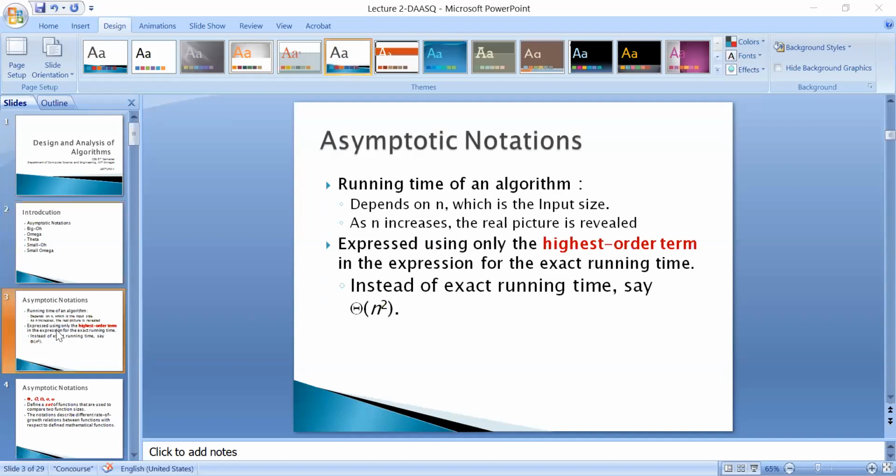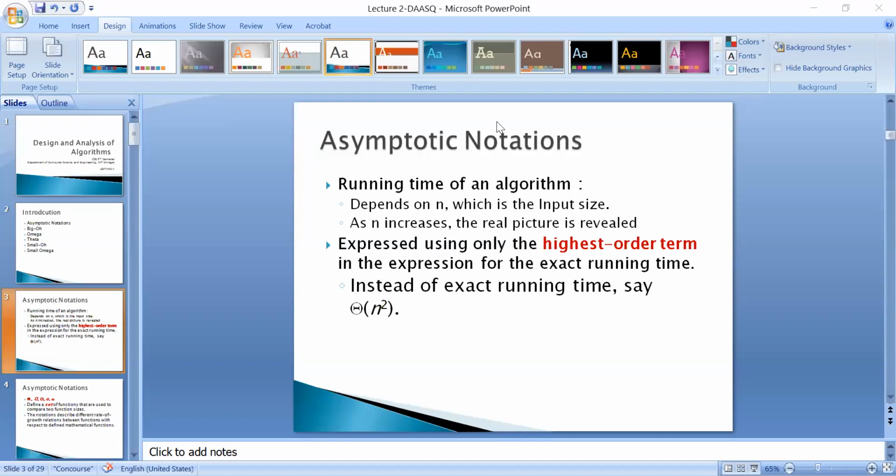So what is basically asymptotic notations? We want to define the runtime of an algorithm with some mathematical functions. Why do we need mathematical functions? Because we need to be able to write a program and then say that for a particular size of input, or if you have to deal with this amount of data, this is the amount of time it will take.